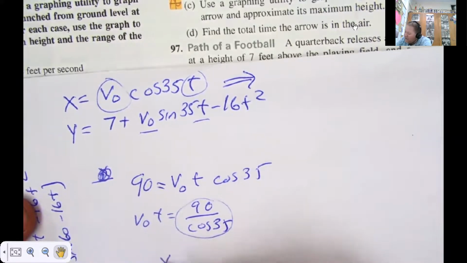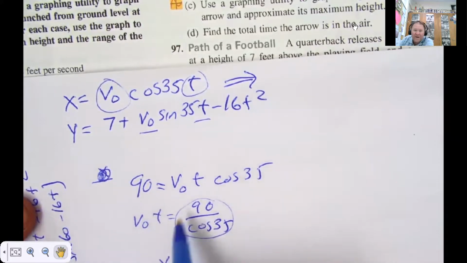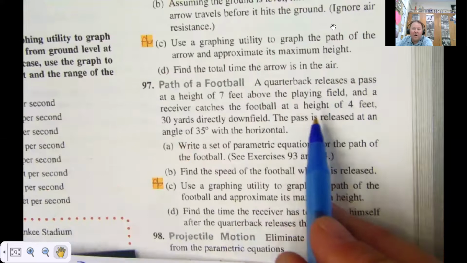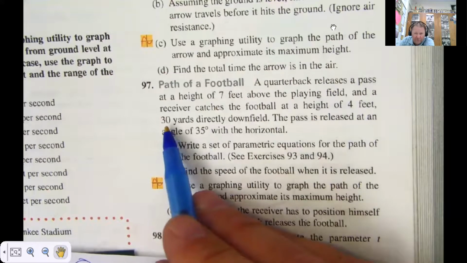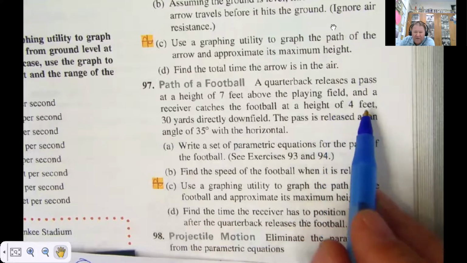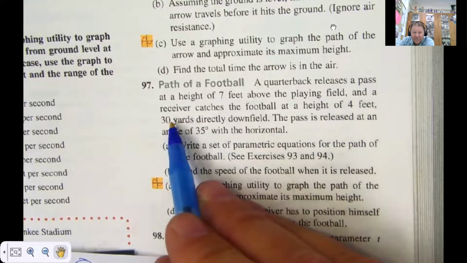And this is going to be y equals, now let's talk about it. What is y? Y is the height of the ball. Y is the height of the ball when it's 90 feet down the field, or 30 yards. And it says the person catches the ball at 4 feet high after it's gone down the field 30 yards, 90 feet.